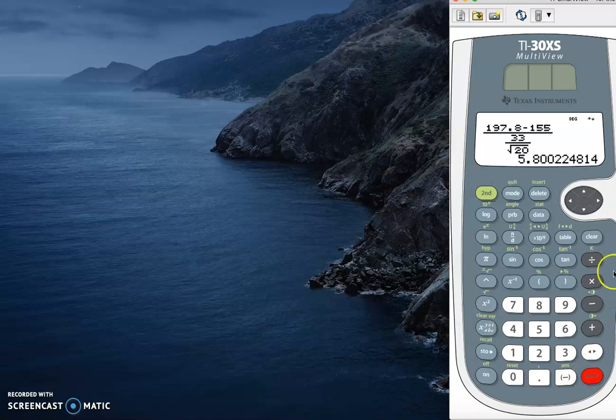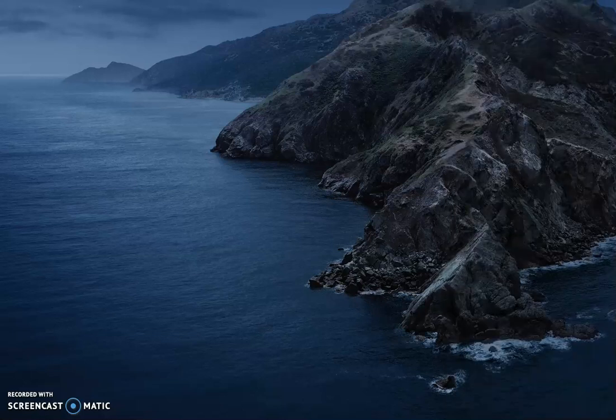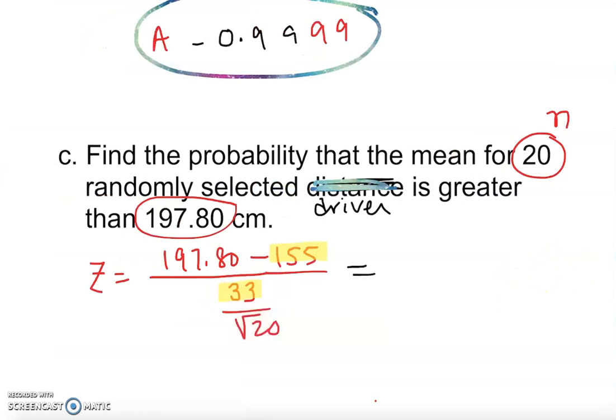Enter. It is going to give you 5.80. So clearly, as you see, it gives us approximately 5.80. And definitely our area is going to be 0.9999.